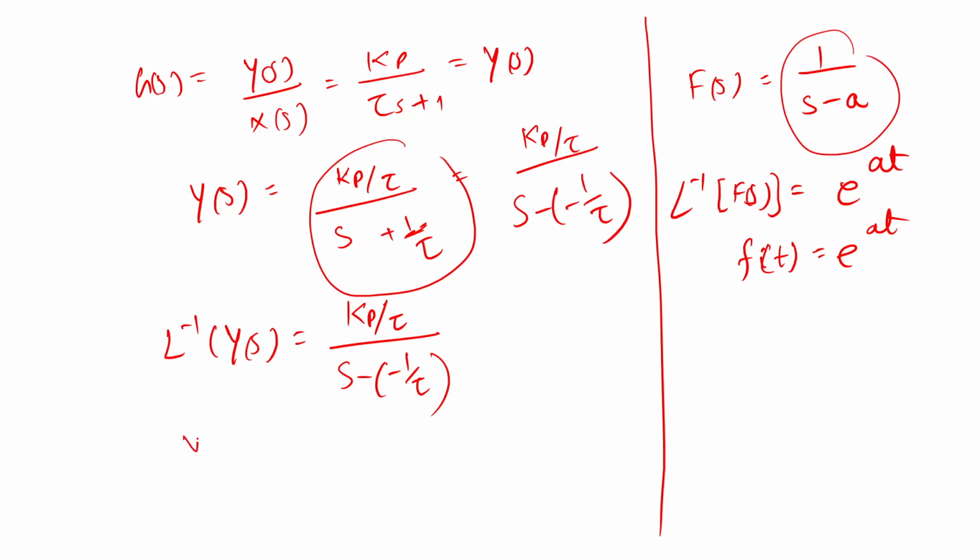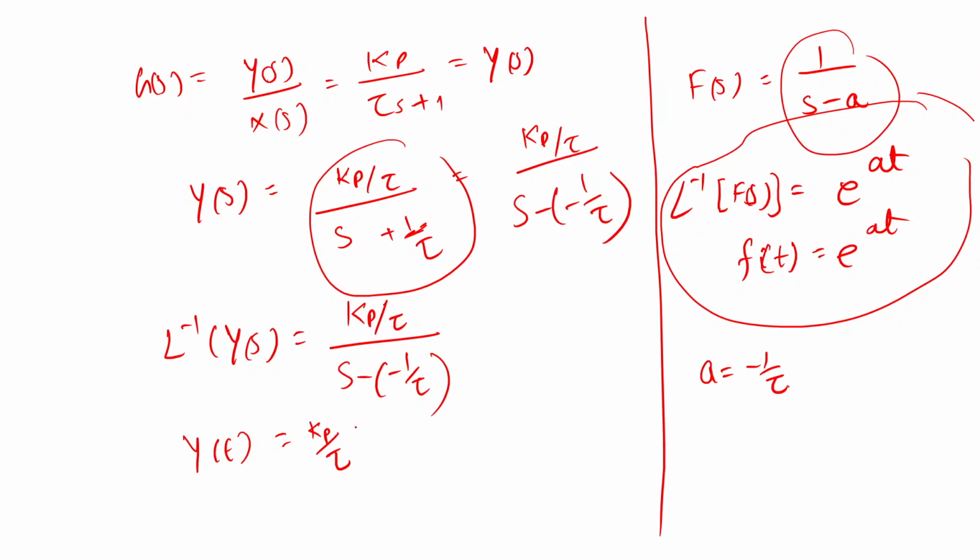Here we can write y of t is equal to, this is anyway constant, Kp upon tau, and we compare 1 upon s minus of minus 1 upon tau with 1 upon s minus a. From that we get a is equal to minus 1 upon tau. Using this inverse Laplace formula, f of t is Kp upon tau times e raised to at, where a is minus 1 upon tau, so it becomes e raised to minus t upon tau.